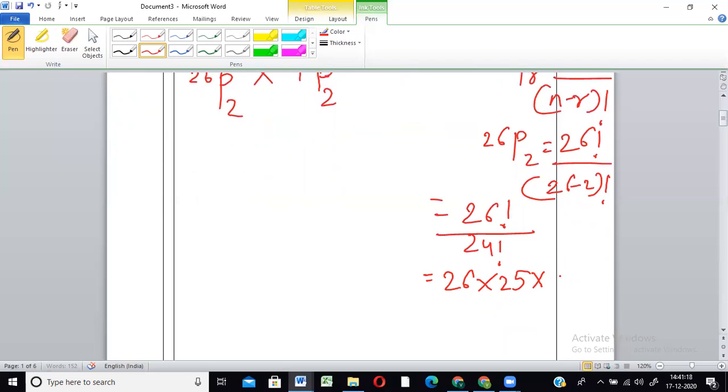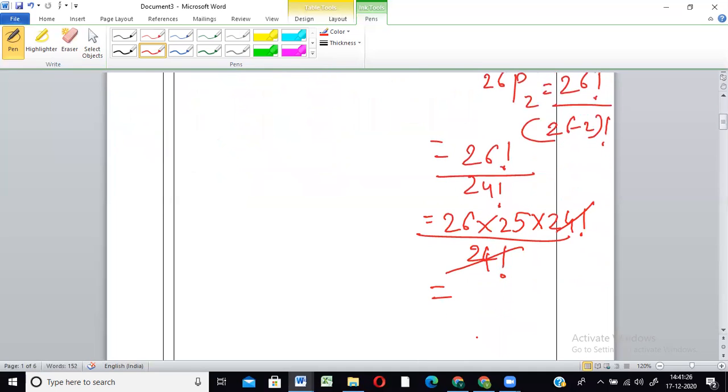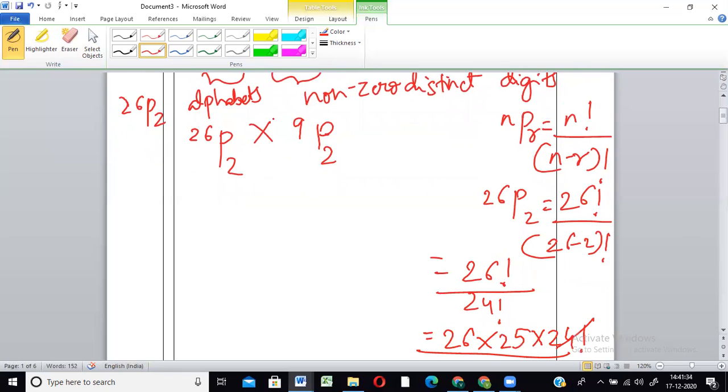I will only write it down to 24 factorial because we have 24 factorial in the denominator, and we know that it will get cancelled. So 26 into 25, whatever the answer is, we're going to write down. 26 into 25 gives me 650. All right. So the answer for this is 650. Likewise, we're going to find the value of 9 P2 also. This is to be done in rough. All right. Meaning, you can always show the calculation.